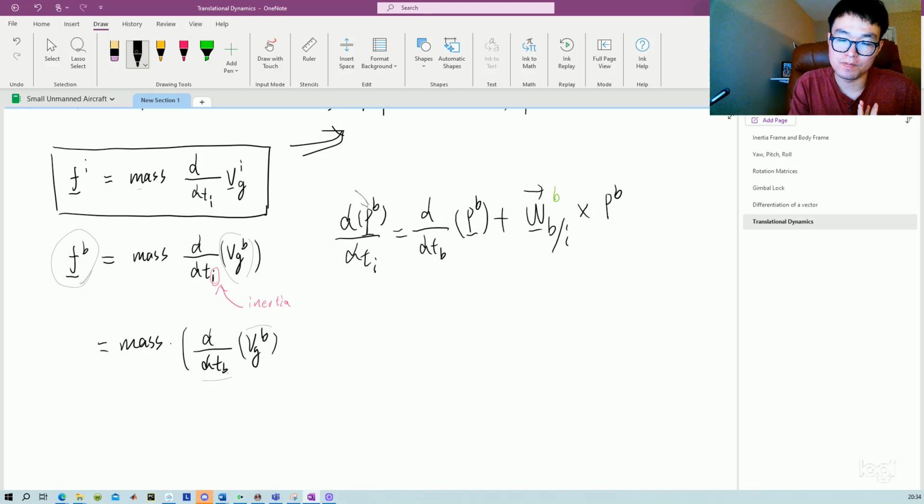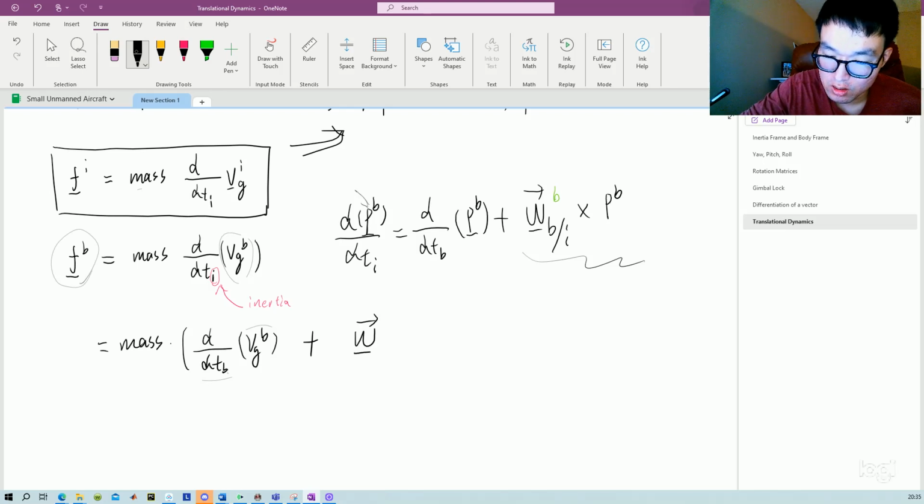The effect of motion is separated out in this term: the effect of the frame change, taking into account that the body frame is rotating against the inertia frame, which equals the omega vector b i, expressed in the body frame, cross product with Vg b itself, that vector.